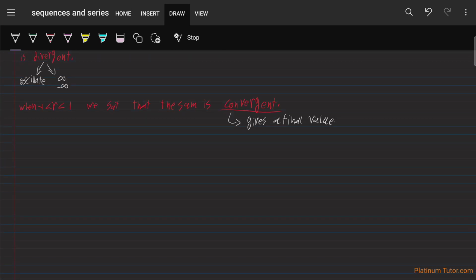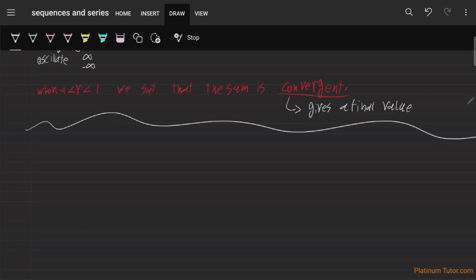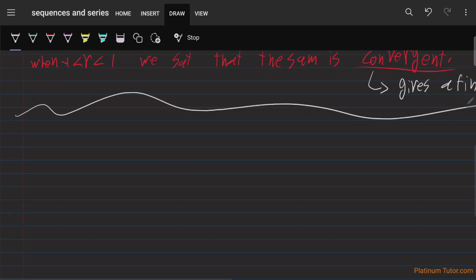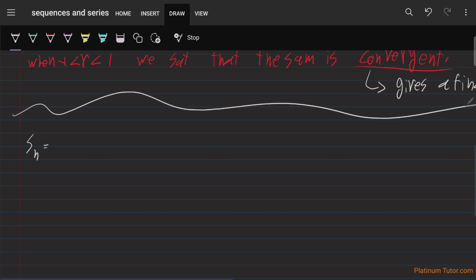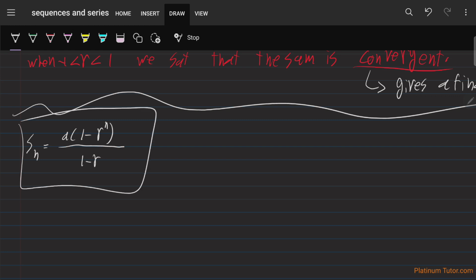Okay, so let's see where this formula comes from. So I'm going to write down the sum formula that we came up with back when we were talking about normal geometric series, not infinite ones. So this was the formula, and I did go through the derivation of this. If you're interested, go watch the previous video on geometric series, and you'll be able to see where this formula came from.